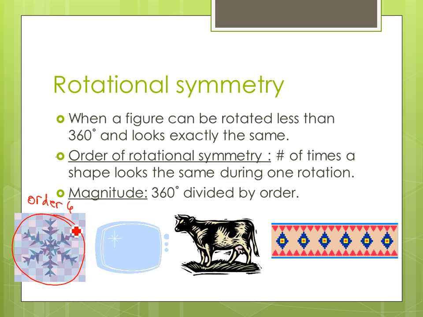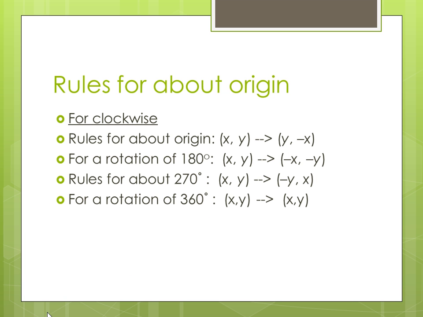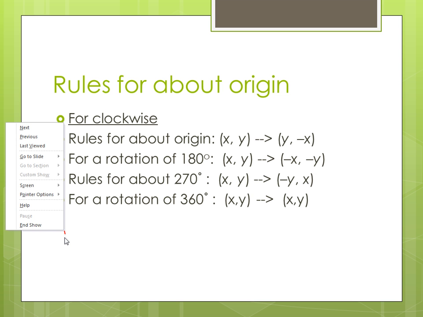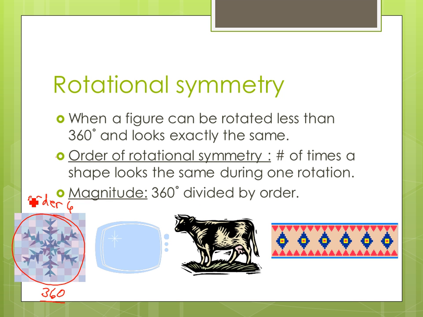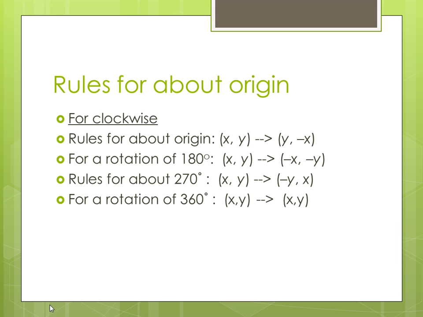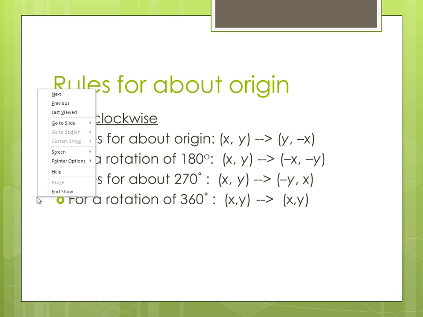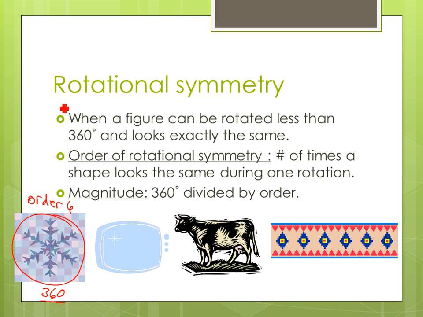And then to find the magnitude, we take 360 divided by 6, and that gives you 60 degrees. So the magnitude would be 60 degrees. That means every time you turn it 60 degrees, it looks exactly the same.